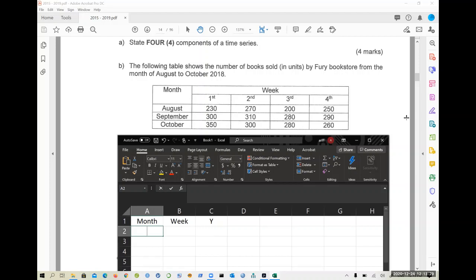And then you have August. You have September. Okay, and then you have September, and then you have October, right?